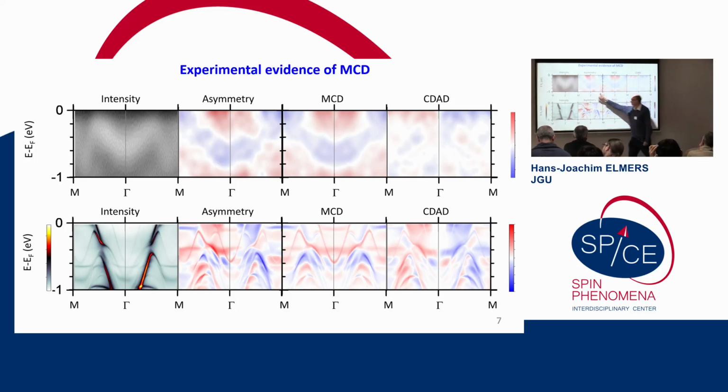You can decompose the experimental results into these two components, magnetic circular dichroism and dichroism in the angular distribution, and you see that both fit very nicely to the theoretically calculated results.